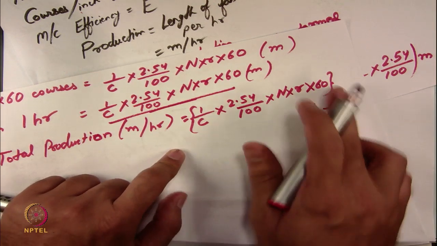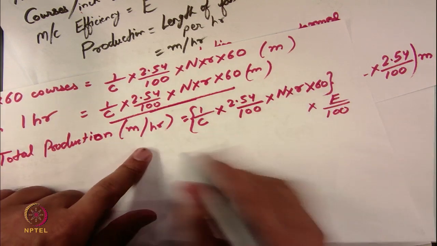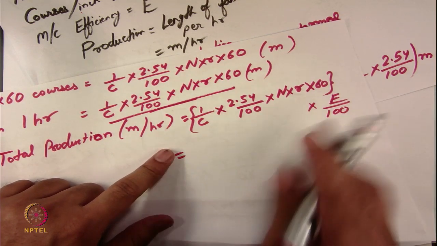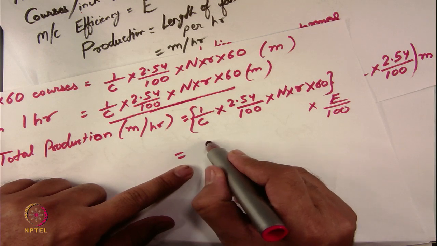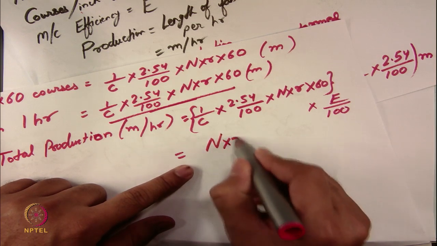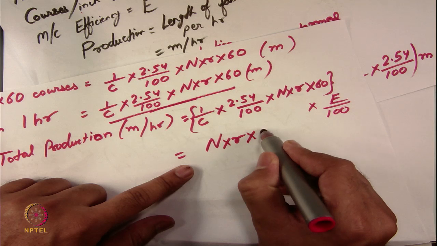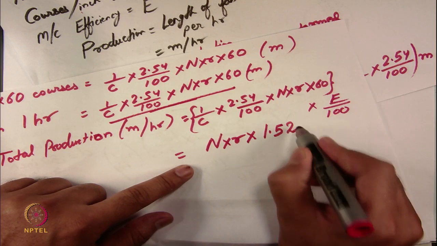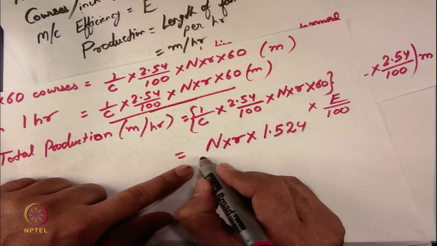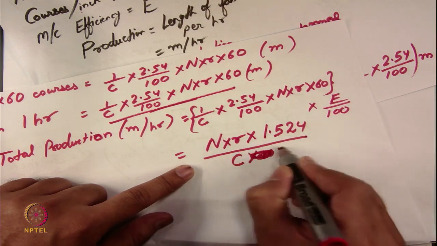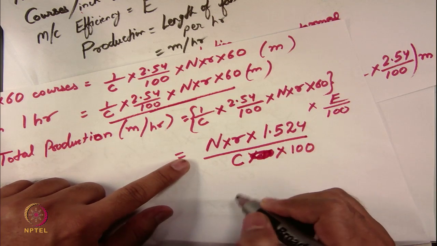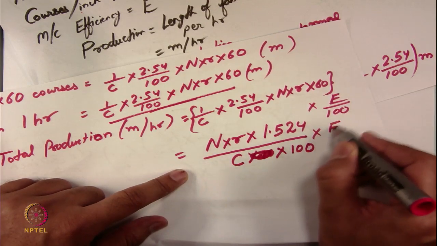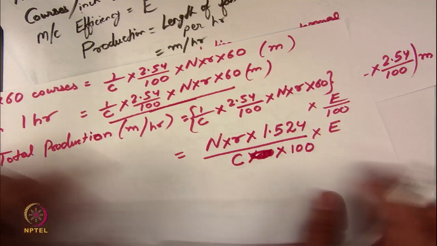So, 95 means 95 by 100. If we solve all of these, this will be N into R into 1.524 by C into 100 into E. So, this is the formula.